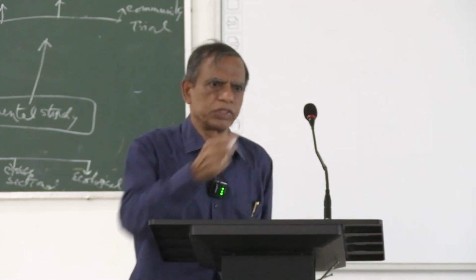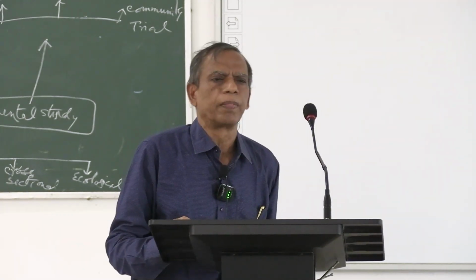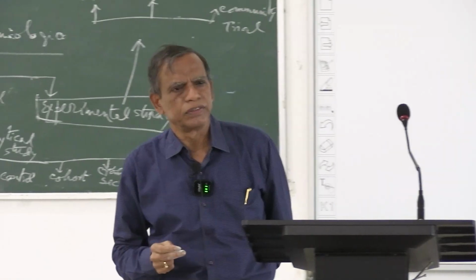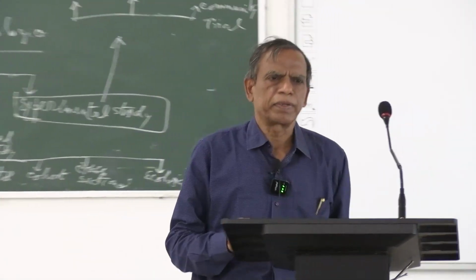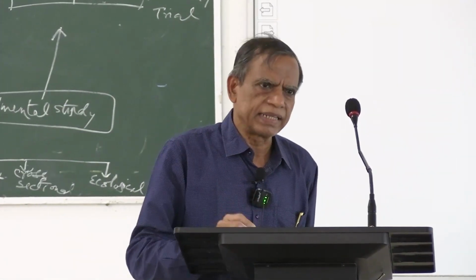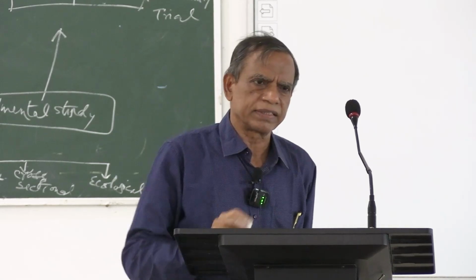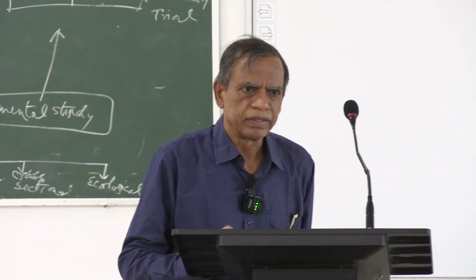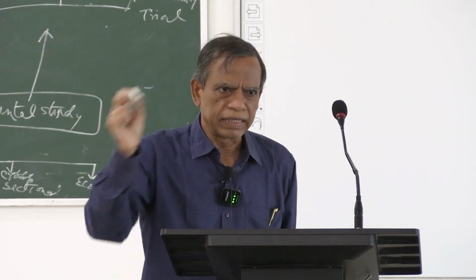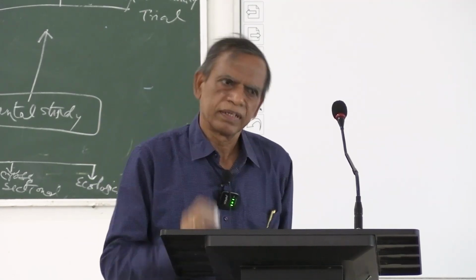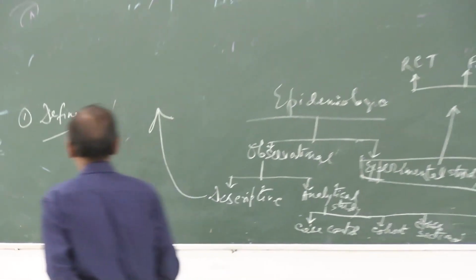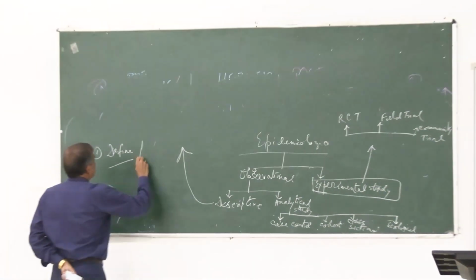Suppose I ask you what is the marks you obtained in biology, you say I obtained 85. It carries little meaning unless you say out of 200 or out of 100, or you say 85% or 80%. Clear? So that's why you have to define the population.